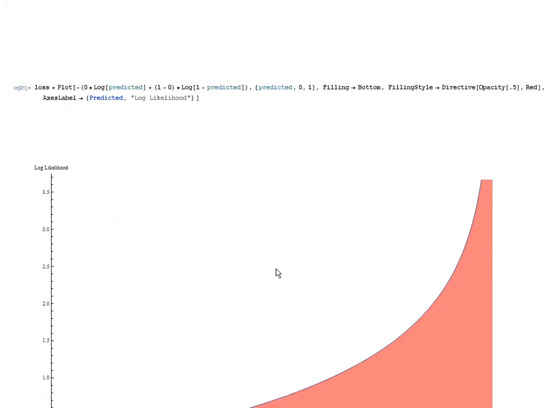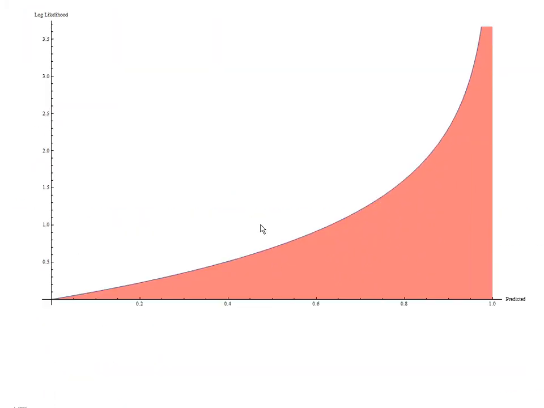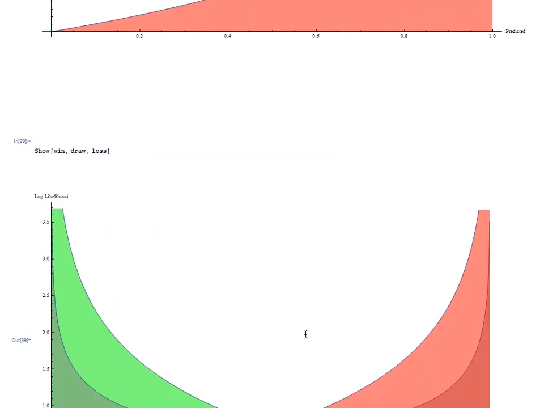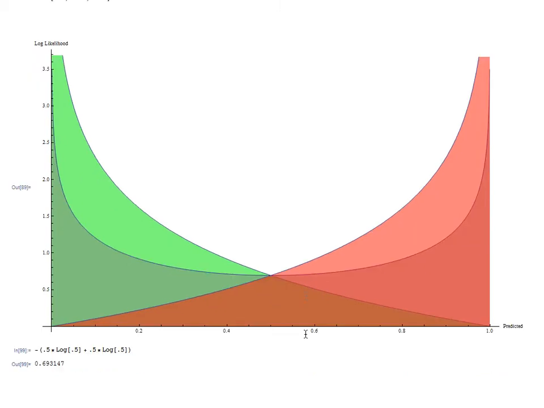And finally, in the case of a loss, it's symmetrical, so that you can see here, if a loss actually occurred and you predict a loss, great, you're in good shape, and so on. And as you more and more thought there was going to be a win, the log likelihood just goes toward infinity.